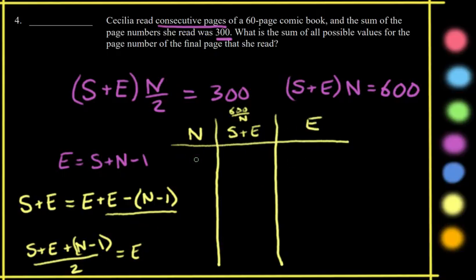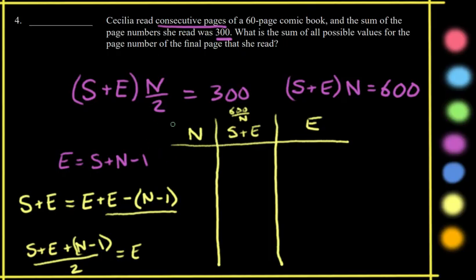So there's a bunch of possibilities for n. One thing you might try to do is say, well, what's the lowest possible number that n could be? So for example, let me think. What's the lowest possible number? Well, or what's the highest possible number that n could be?